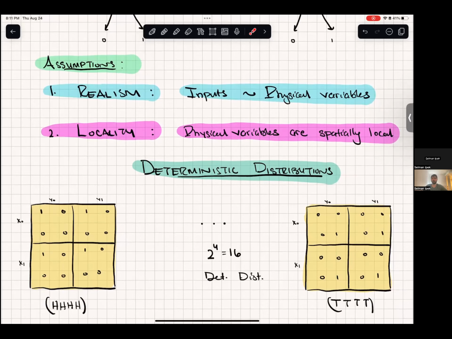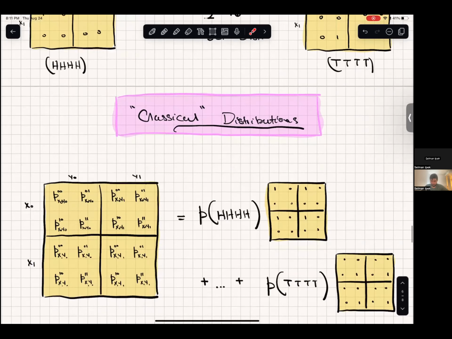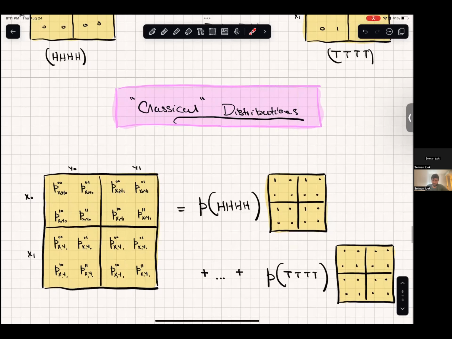In the real world, you can imagine situations in which, just like a real coin is not either heads or tails, it's some probabilistic mixture. We can also think of these probability tables as being composed of probabilistic mixtures of these deterministic, extreme cases.